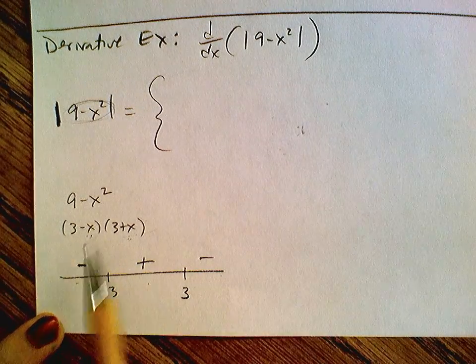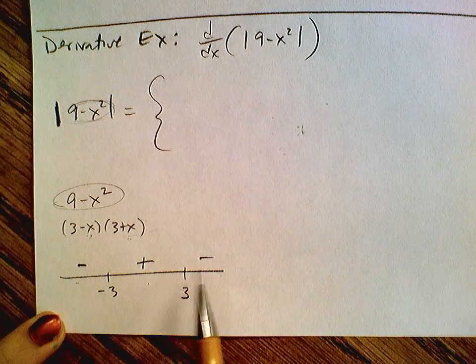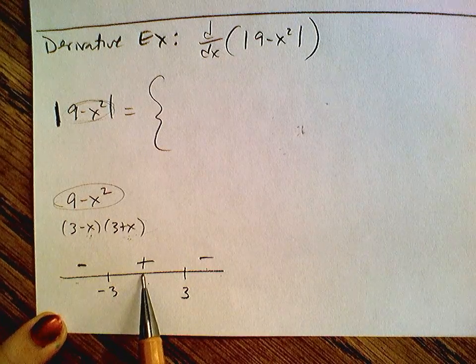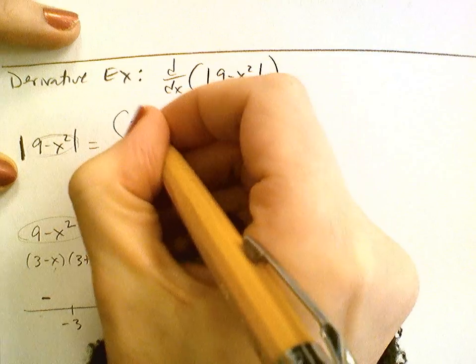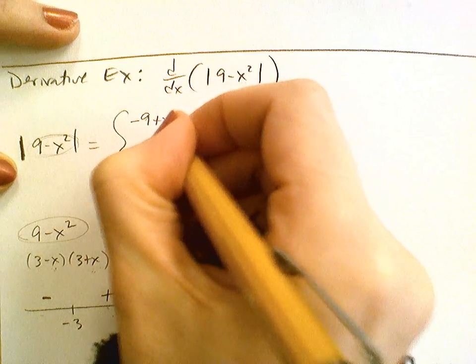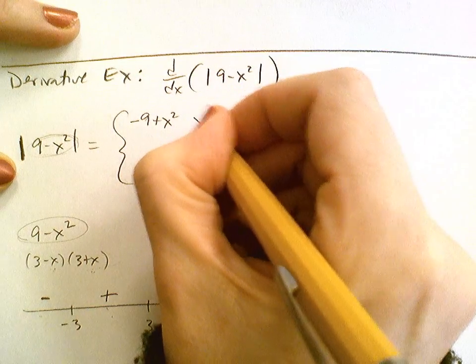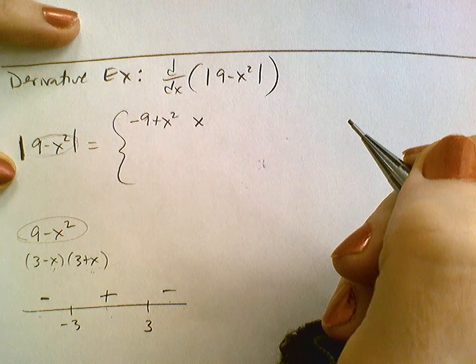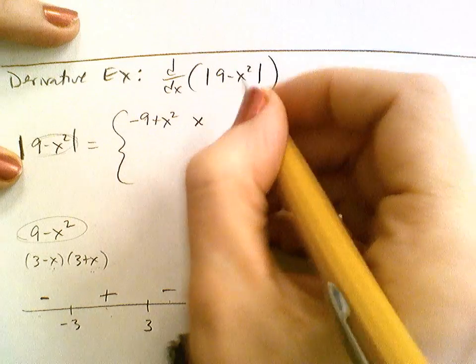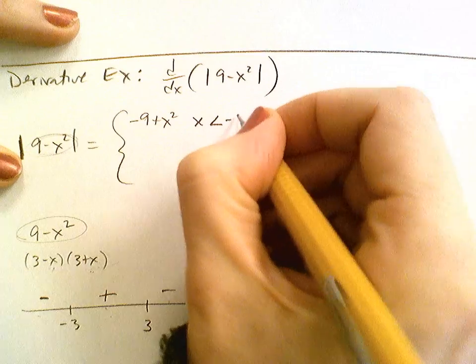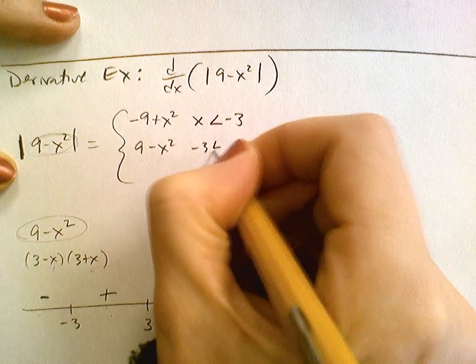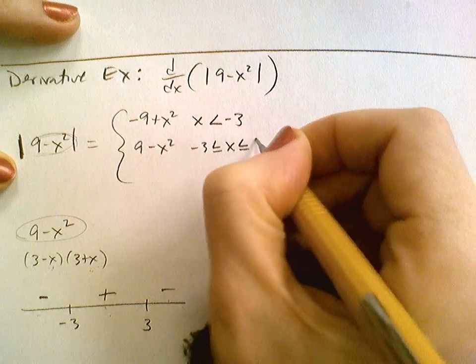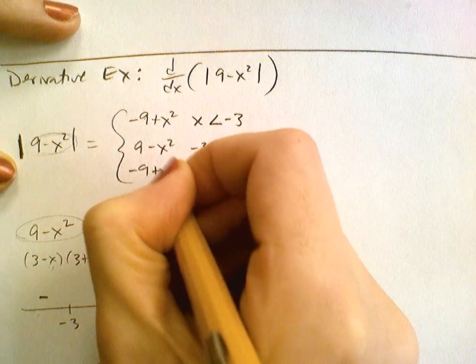Okay, so we need to negate this on the negative intervals and keep it the same on the positive interval. So it's going to be -9 plus x squared for x less than -3. It's going to be this, and it's going to be this again.